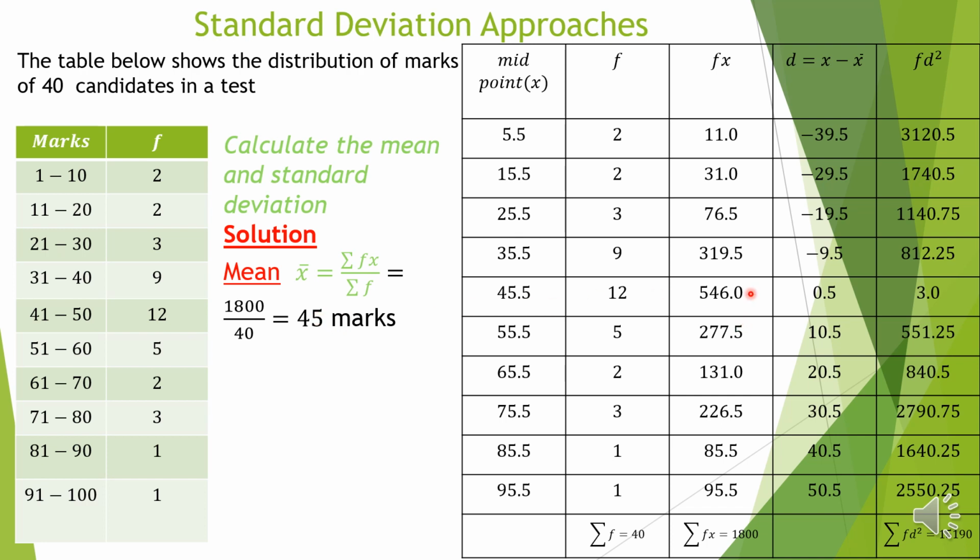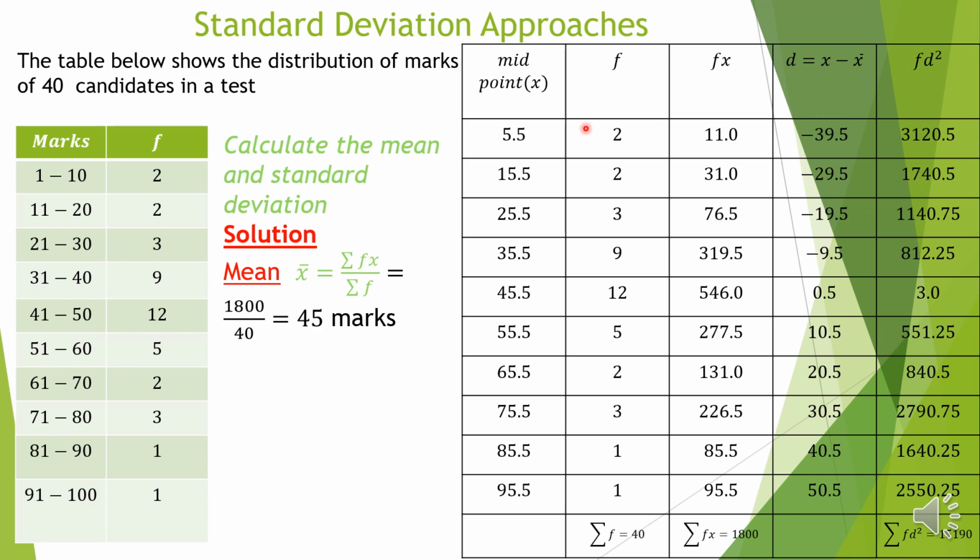So then I'm going to introduce the column of deviation here, where I want to see how far each particular score is from the mean. So I'll write x minus x bar, where x bar is 45.